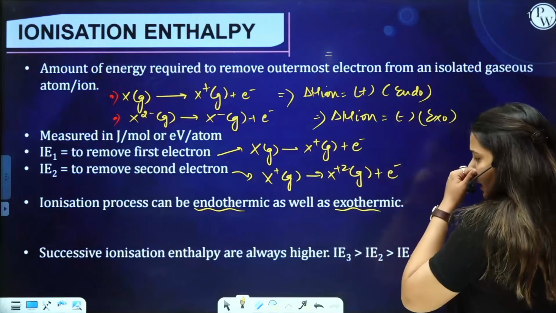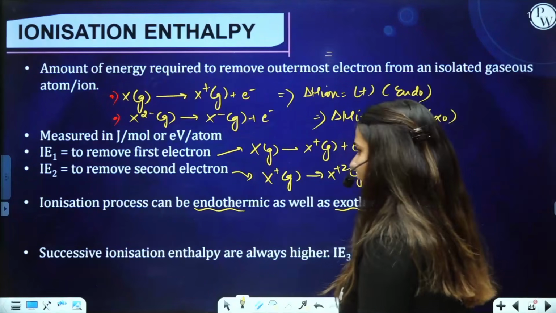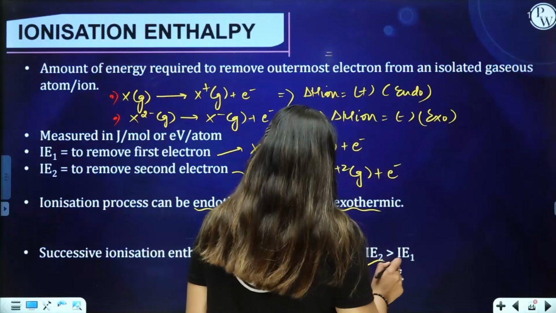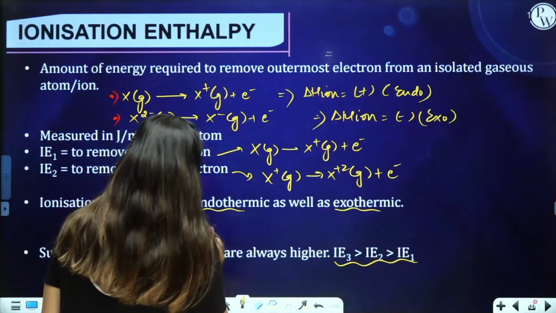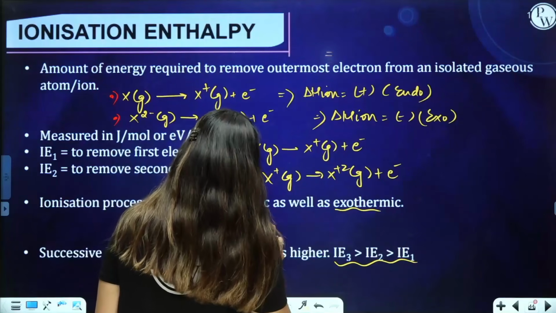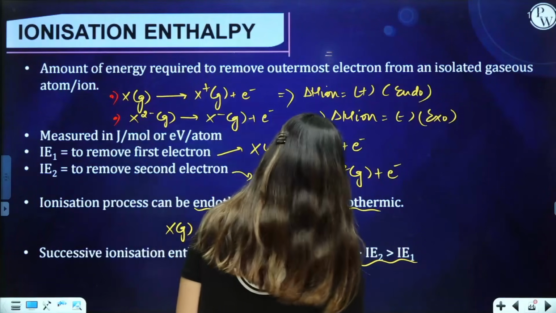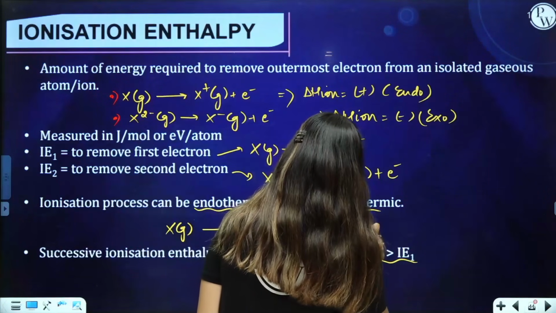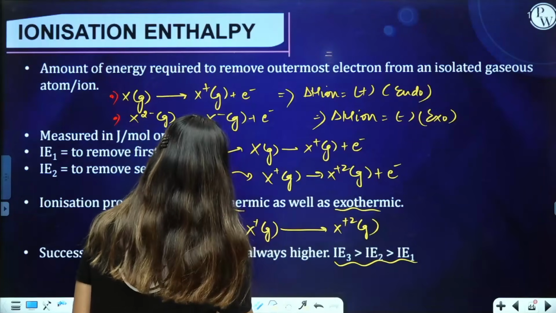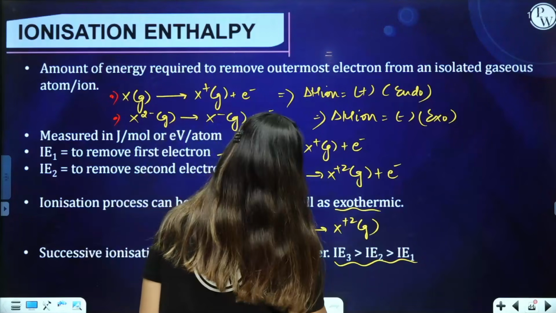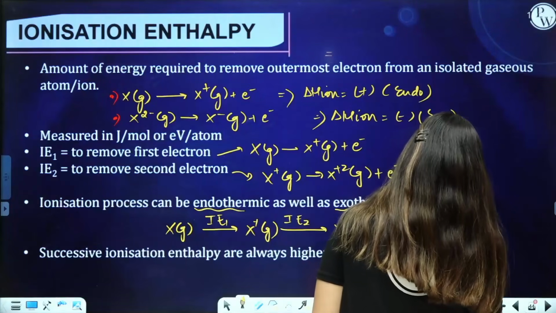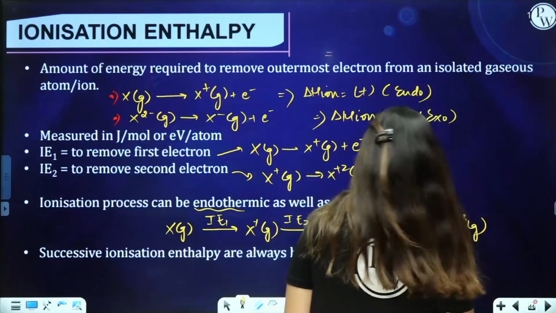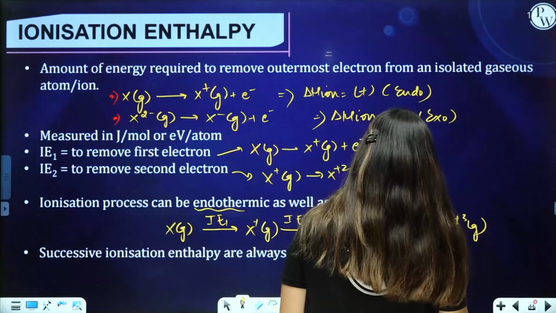Successive ionization enthalpies are always higher. What are they talking about? Let's say I have X gaseous atom. I remove an electron, I am forming X positive gaseous. I remove another electron, I am forming X plus 2 gaseous. This will be called IE1, this will be called IE2, and if I remove another electron, this is IE3.